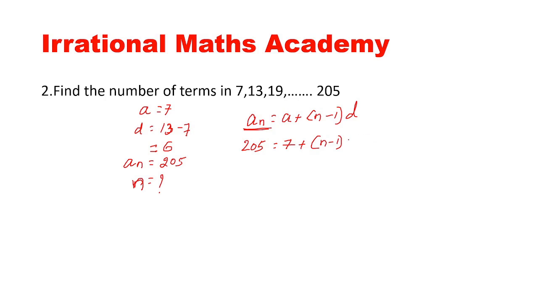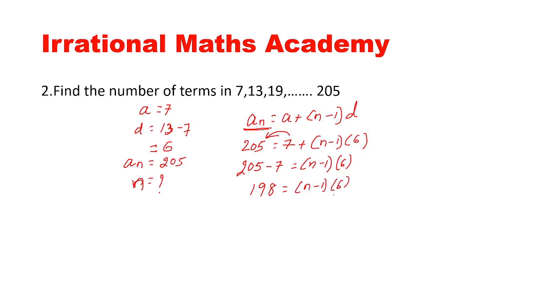What is the D value? 6. So first I'll transpose this 7 to this side. So this becomes 205 minus 7 equals N minus 1 into 6. 205 minus 7 is what? 198 equals N minus 1 into 6.